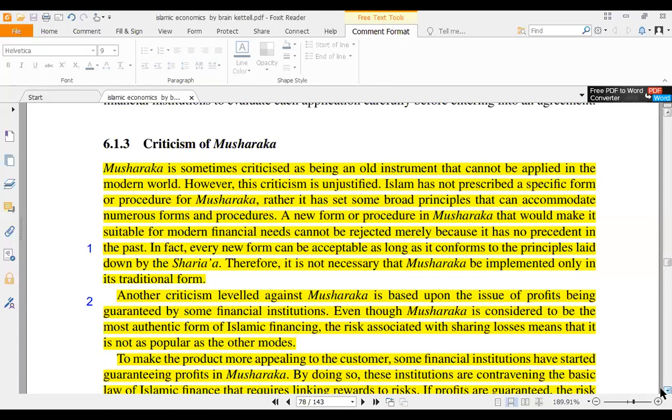So Musharaka is the most authentic form of Islamic financing. The risk in case of Musharaka is associated with sharing losses, which means it is not a popular mode of finance.